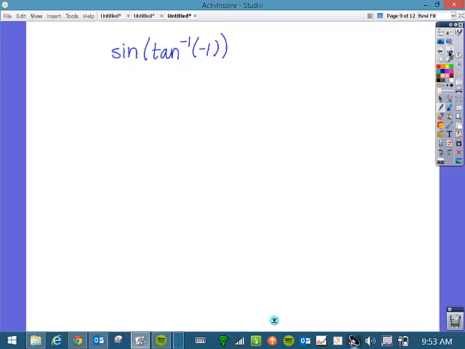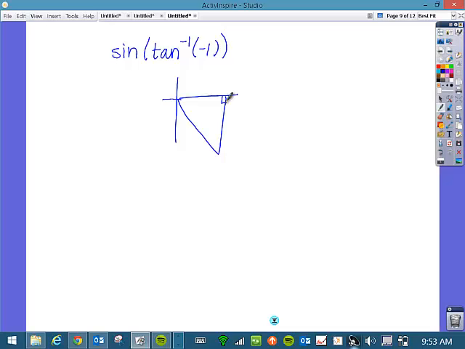All right, next one. Sine of tan inverse of -1. First we're going to have to find the angle. What is tan inverse of -1? Tangent is restricted to the first and the fourth quadrant. This is negative, so I'm going to draw my triangle in the fourth quadrant.